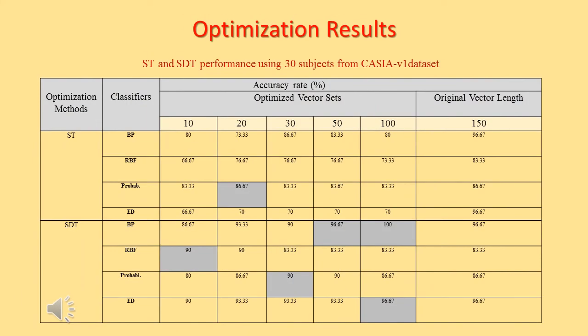The recognition rate of the 30 subjects taken from the CASIA database shows that the backpropagation and the probabilistic satisfied maximum accuracy rate at the lowest machine vector value. Also, we note that the standard deviation technique outperforms the sequential technique by satisfying the maximum accuracy rate at the lowest machine vector values.